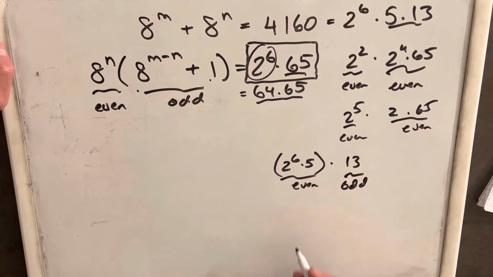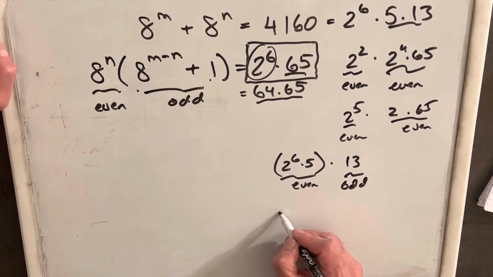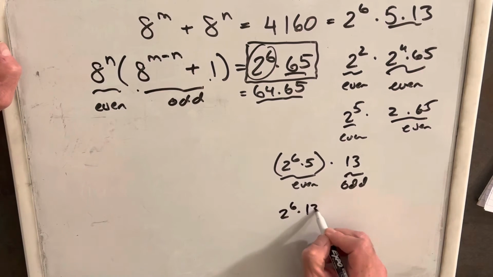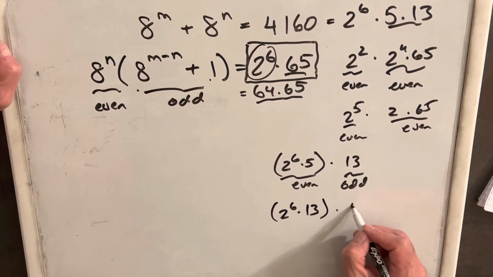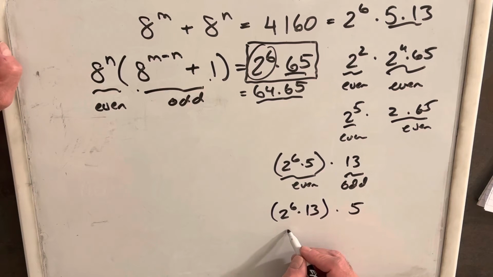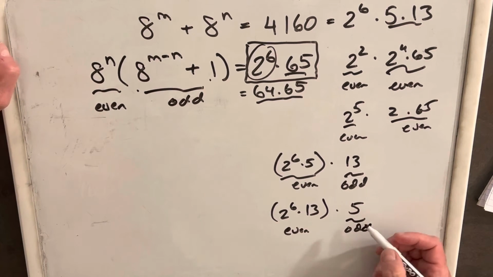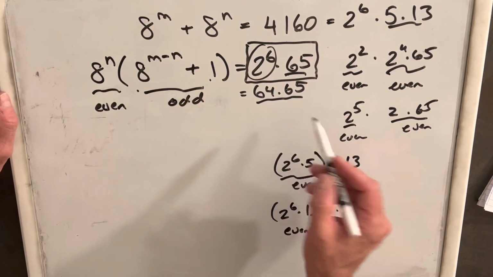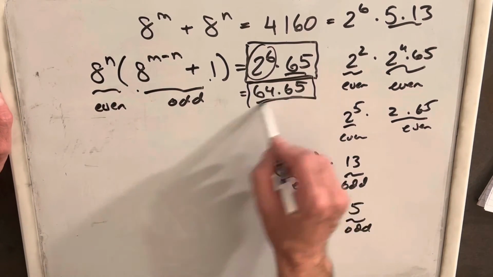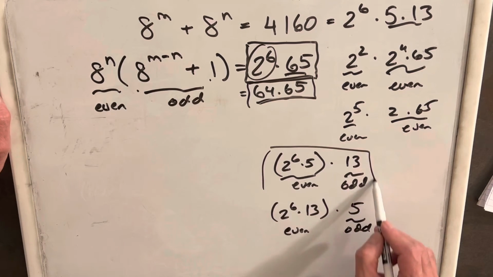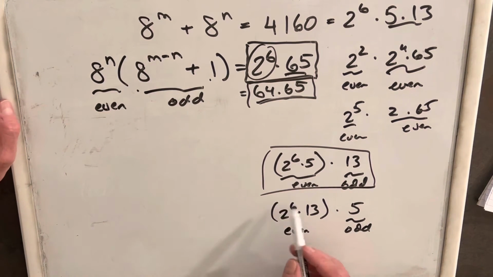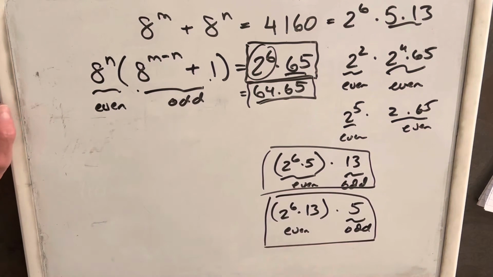And then the other way we could split it is bring the 13 over here, and the 5 over here, and then this is still even, and this is odd. So we'll consider that as a possibility as well. So we have this first case, 64 times 65, and we have these other two cases. But let's look at these down at the bottom first.